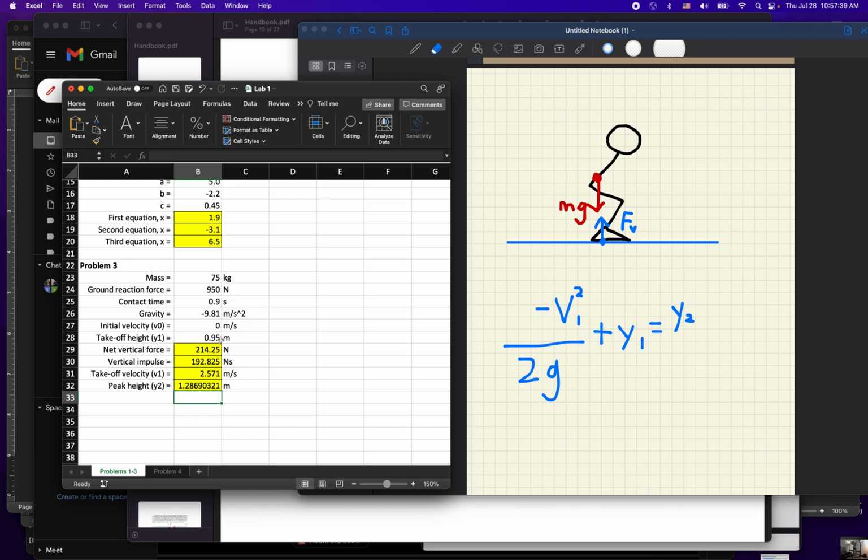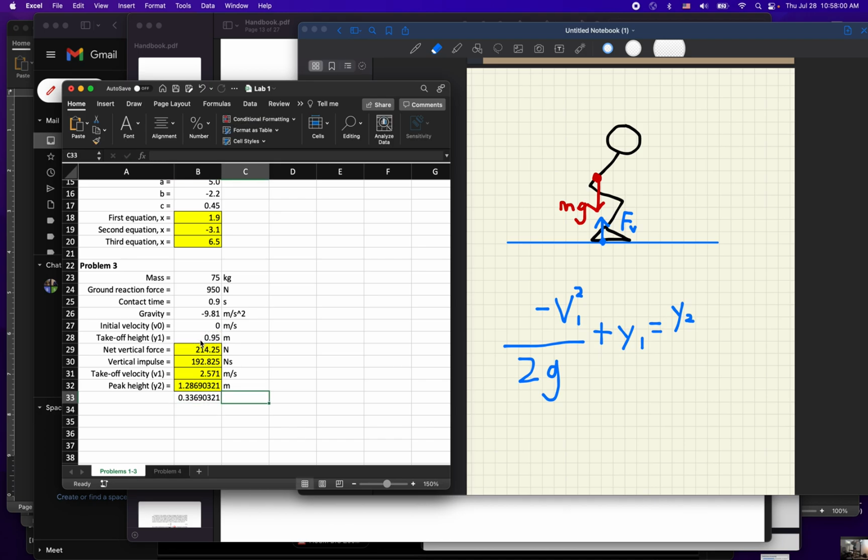Okay? So we can give ourselves a reality check here, on saying, is this a plausible value that we calculate, like 1.28 meters for the height of my center of mass above the ground? Is that realistic? Well, let's check it by taking that peak height and subtracting the takeoff height, the height that we started at.